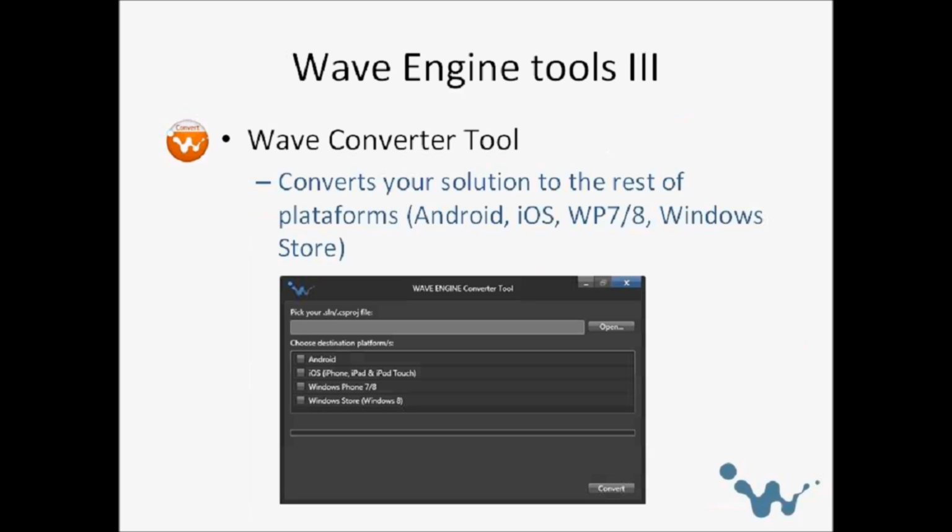The Wave Converter tool, and this is a tool I have been particularly working on, is maybe one of the magic behind Wave. The idea behind WaveEngine is that, as Bye Bye Brain was built for Windows Phone, and the team was always working on Windows with Visual Studio, the idea with WaveEngine, and this is how Bye Bye Brain was done, is to concentrate on making your game work on Windows with WaveEngine.